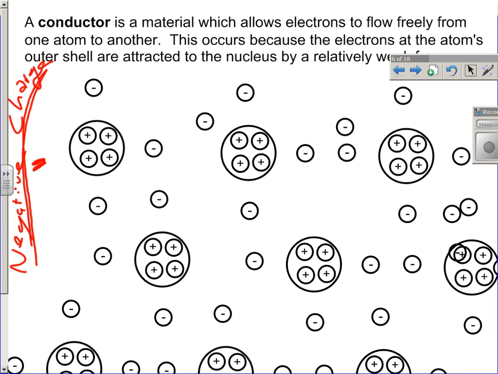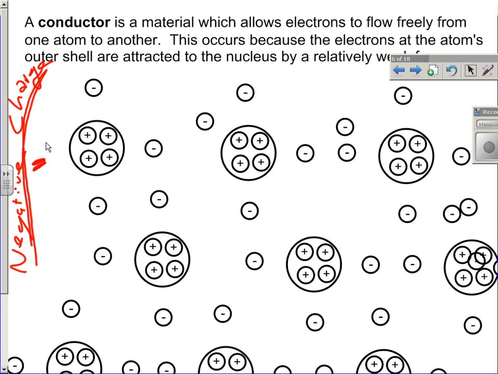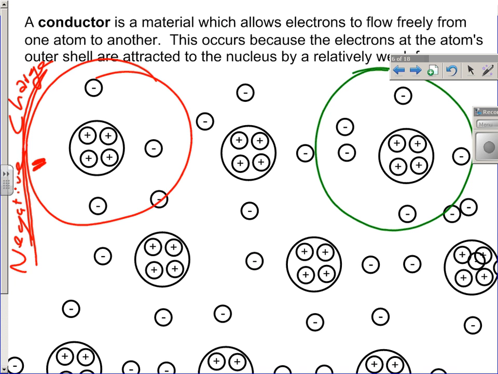And that's what's actually called electric current, is that the electrons move from one to the other. Notice that as that happens, your atoms are constantly becoming, like here, we were left with a positive ion, right? Whereas over here, now we've got a negative ion, right?